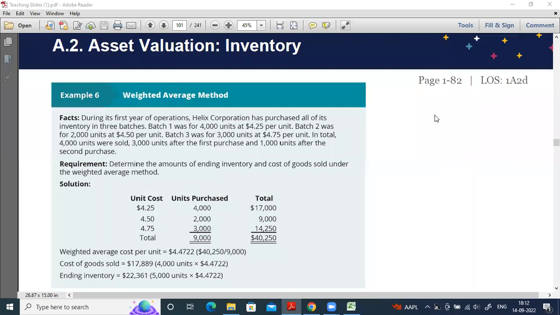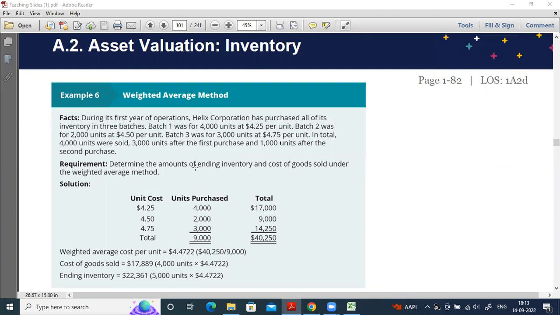In total 4000 units were sold, 3000 units after the first purchase and 1000 units after the second purchase. The question is the same. The requirement is to determine the amount of ending inventory, nothing but closing inventory, and cost of goods sold by using the weighted average method.